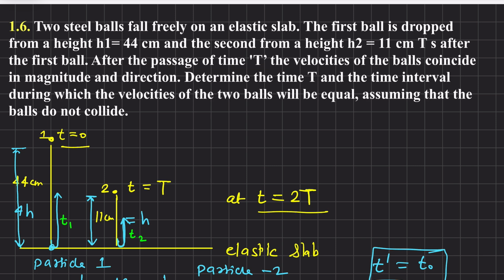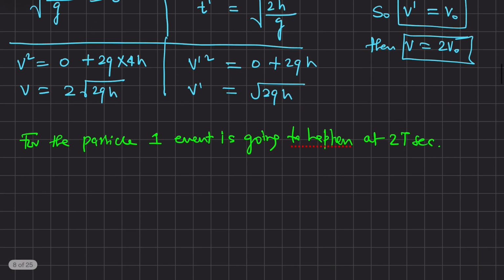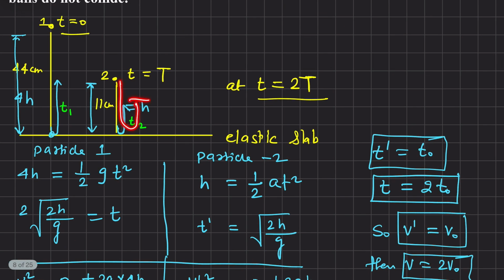It means it has taken a total of 2t when they have the same velocity. So the total motion is 2t seconds, and the second ball has traveled t seconds. Then only the event is going to take place. So for the second ball it is t seconds from the start, t equal to 0, when the movement takes place, and for the first ball it is 2t seconds.